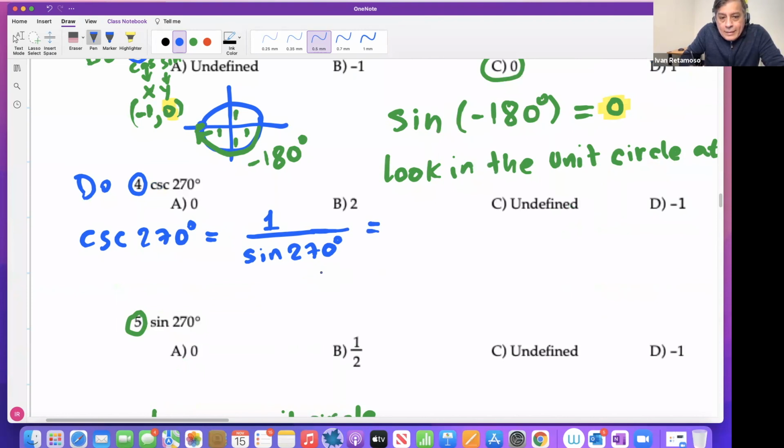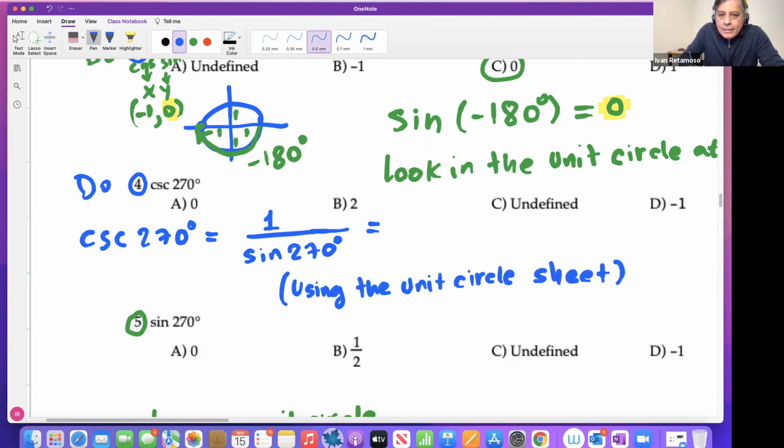To get this, go to the unit circle sheet. Get this value and then do the final computation.